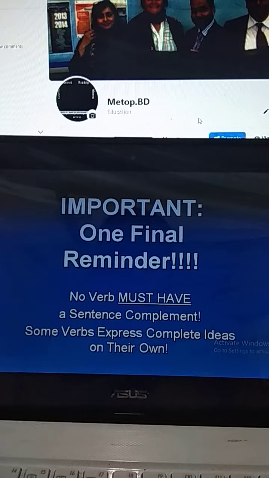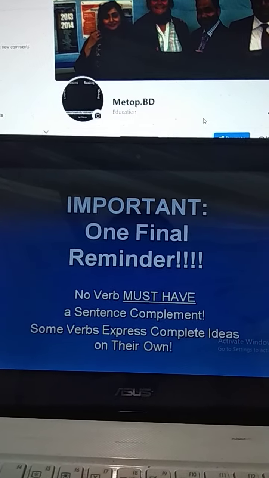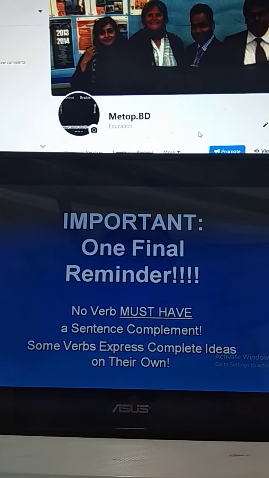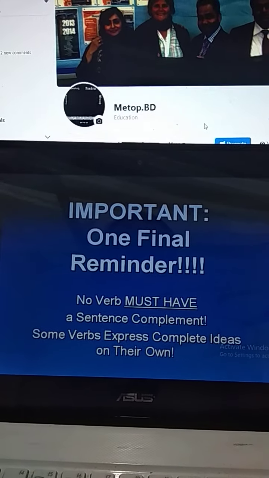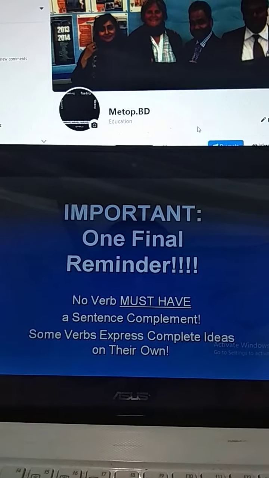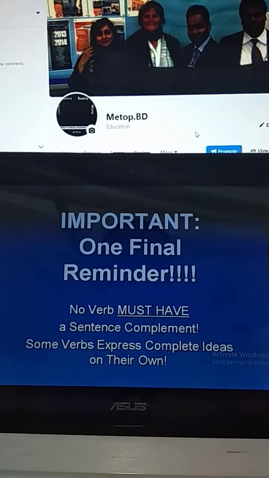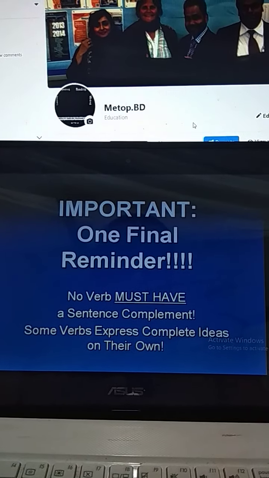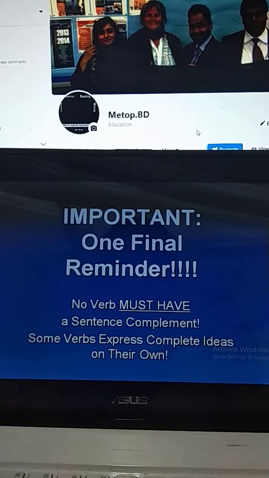One final reminder. You see, some verbs do not need a sentence complement. Some verbs express complete ideas on their own.